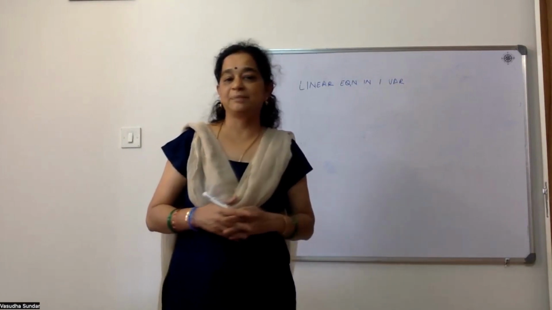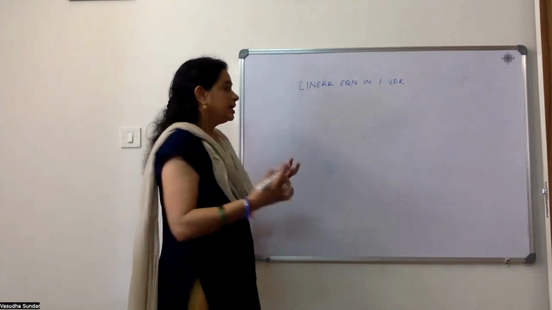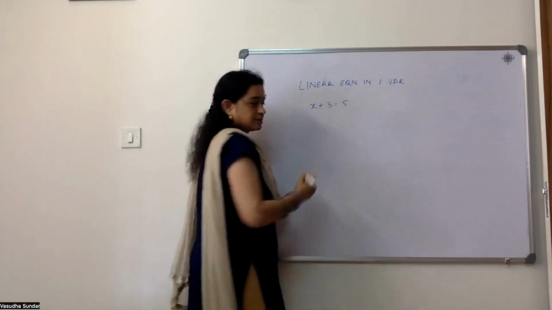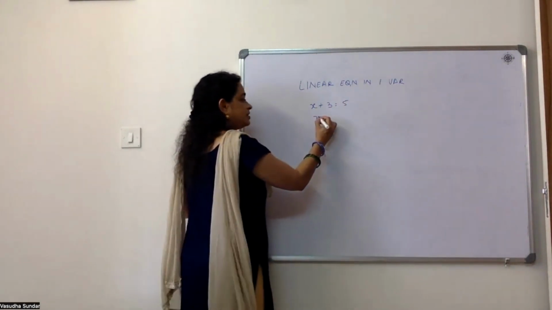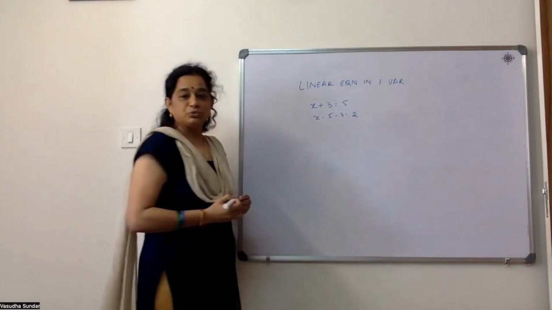as counting numbers. So the first mistake that I have seen is, in general, if I give a straightforward equation like this, x plus 3 is equal to 5, then the student easily says 5 minus 3, so x is 2.